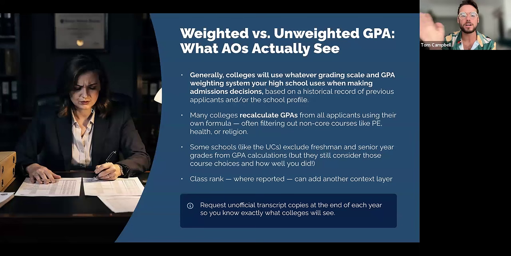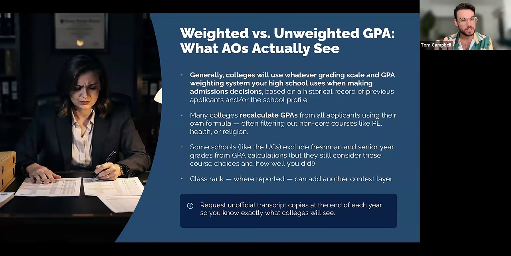But no matter what scale they're using, they're being consistent with it. So for example, if 10 applicants from a high school are applying to Pomona, I'm not going to be looking at the weighted GPA for Tillie and the unweighted GPA for Tom to ding him down, right? The person evaluating the application is going to be using the same scale, typically whatever your school offers, and typically the highest one that they're reporting out.